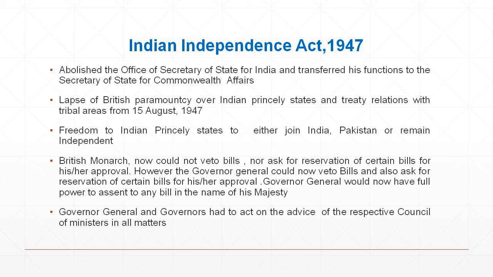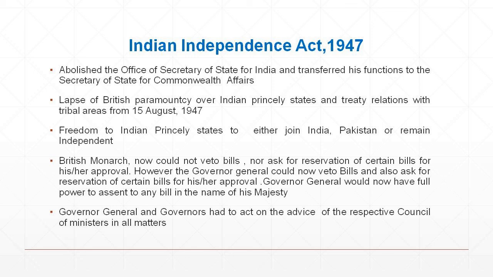So they were free to modify it, but this is something of a recommendatory nature that you follow the Government of India Act of 1935. Point number 10, it deprived the British monarch of his right to veto bills or ask for reservation of certain bills for his approval.